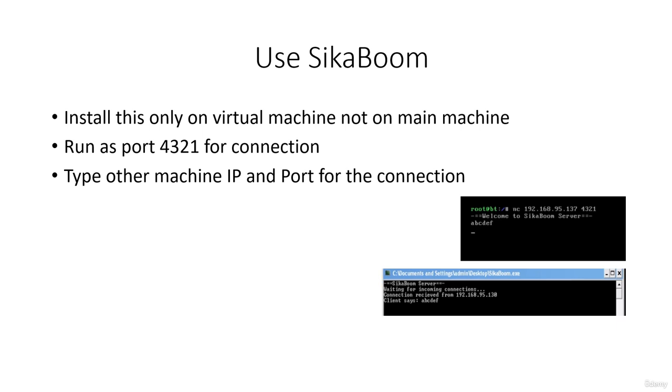Another way of using it is to type telnet, space, the IP, space, the port number, and it will connect to this open port. As you can see in this picture, it is connected. So whatever you write here in this upper picture will also be shown on the other machine.